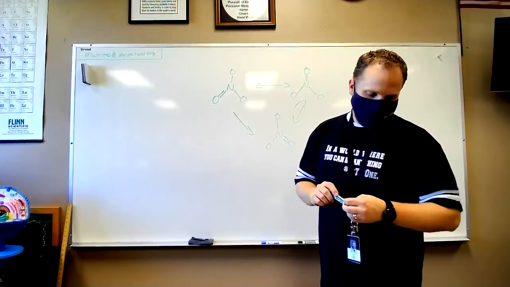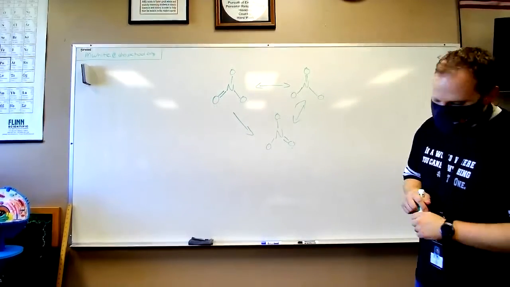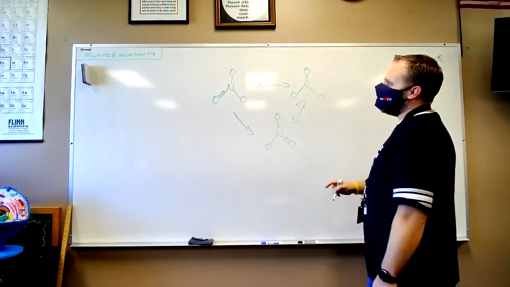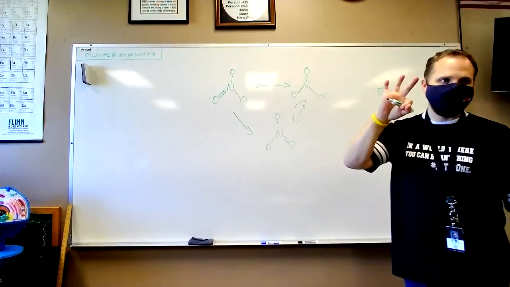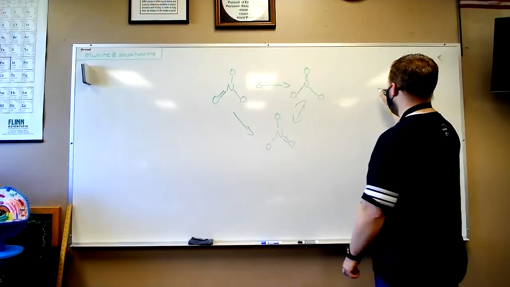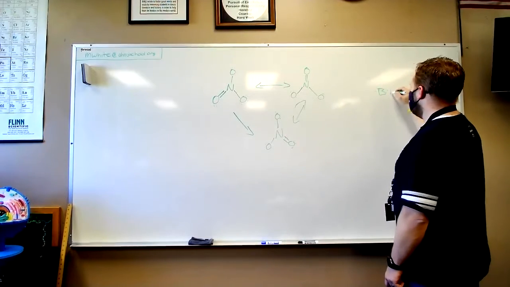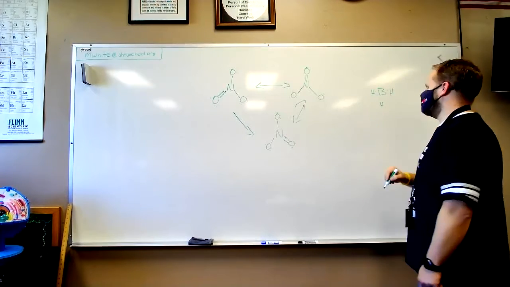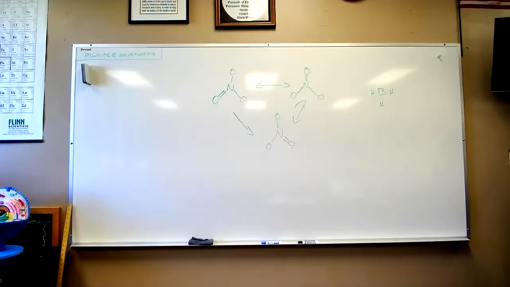Boron is in group 13, so it has 3 electrons in its valence shell, and that is completely stable to pair up with 3 hydrogens. It does not follow the octet rule.